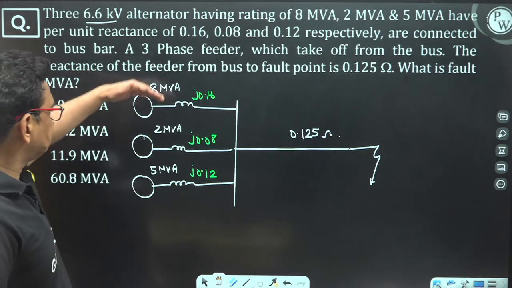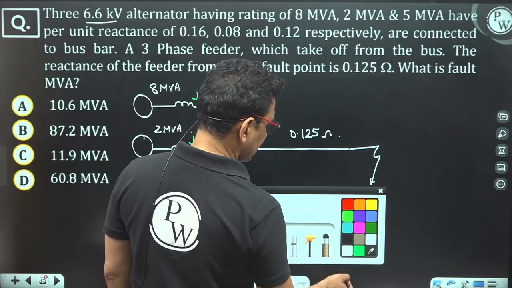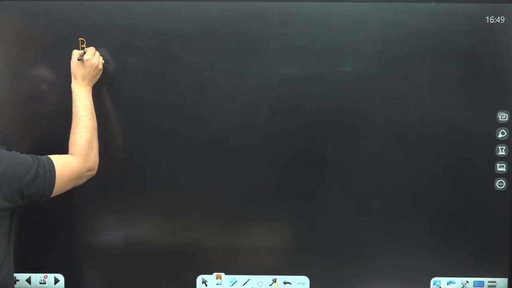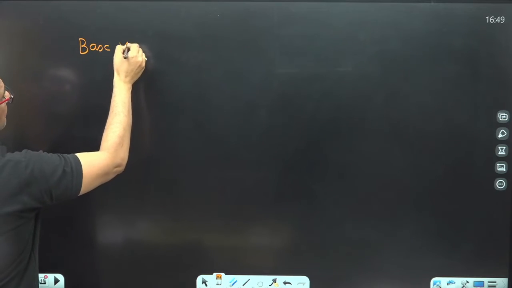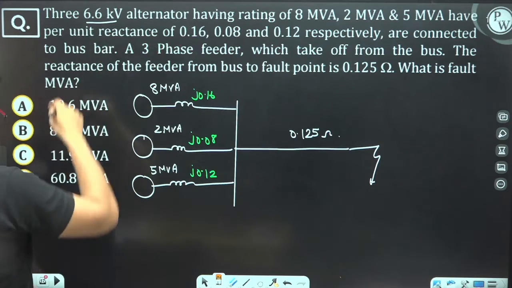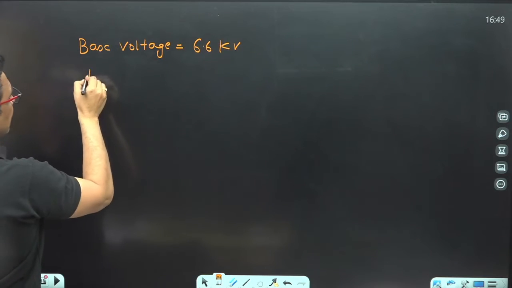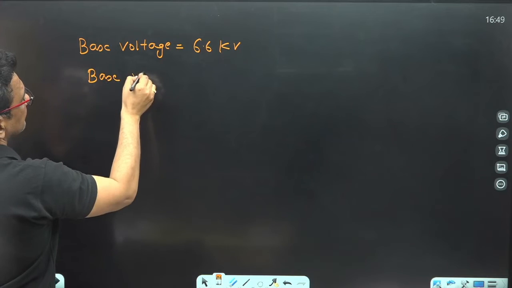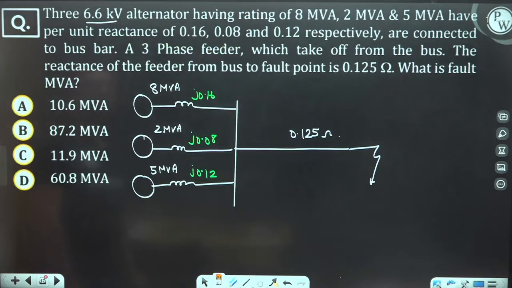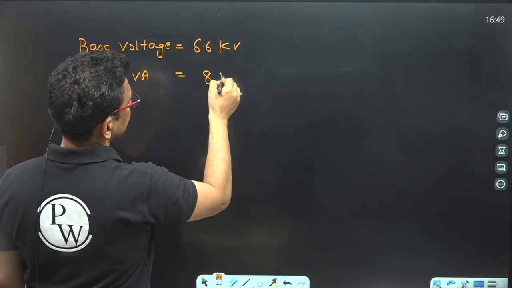So you can see the rating of all the alternators differs. So first you have to choose one base MVA. So let me choose the base voltage. Voltages are the same, 6.6 kV. So I will take 6.6 kV as the base voltage, and the base volt ampere I am choosing as 8 MVA.